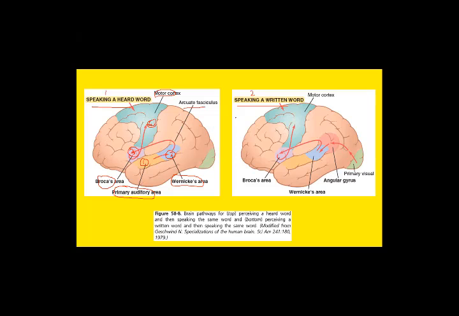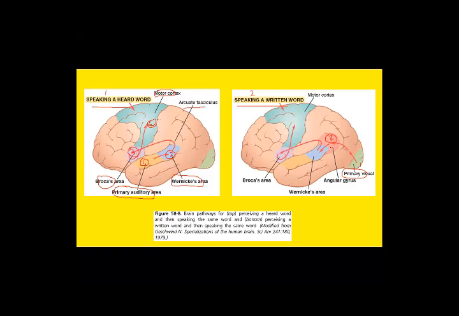Now, if we compare speaking a heard word with speaking a written word, obviously the pathway is different. The first area involved is the primary visual cortex, from where the input is received. From the primary visual cortex, the signal is transmitted to the angular gyrus. Remember, this shaded circle region is known as the angular gyrus.